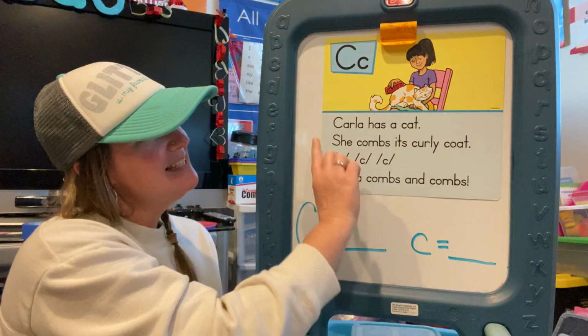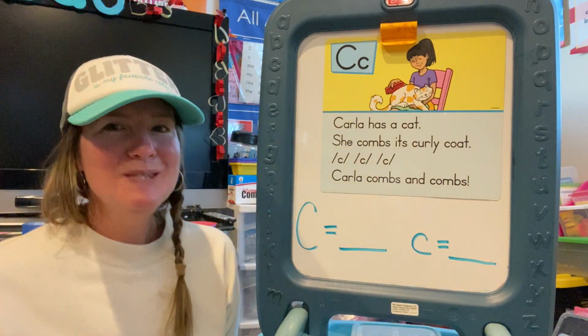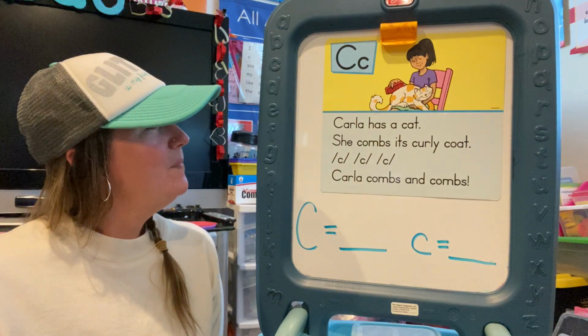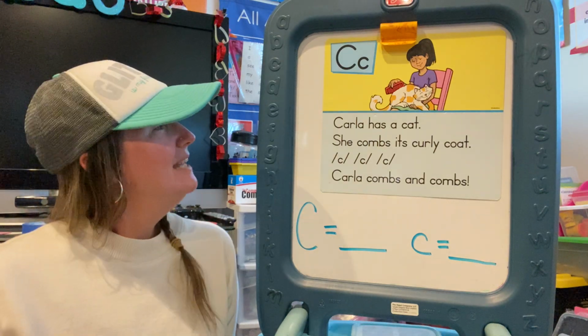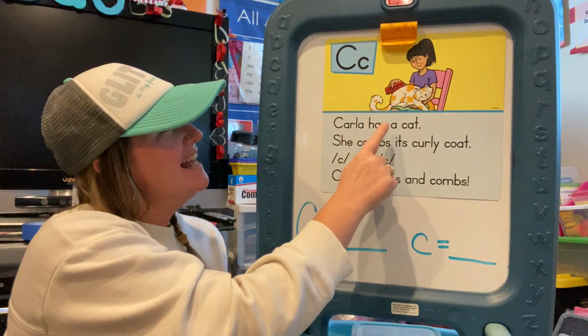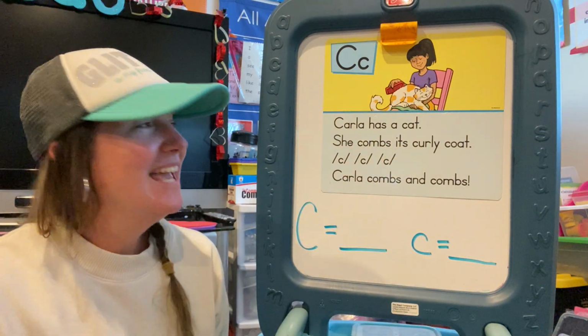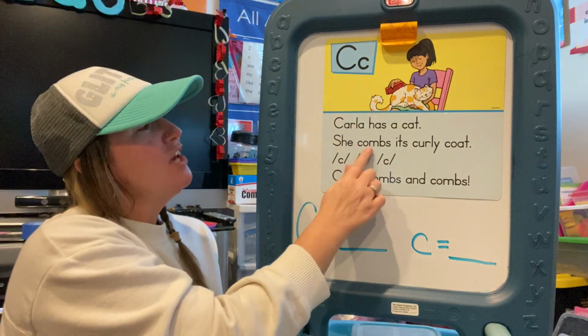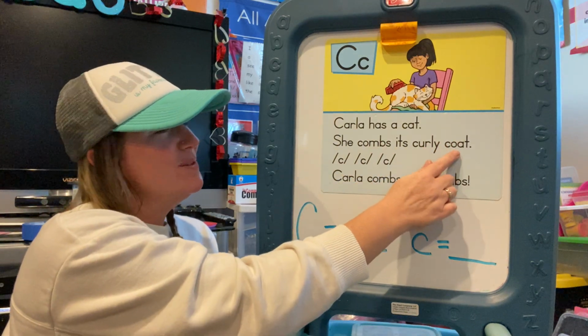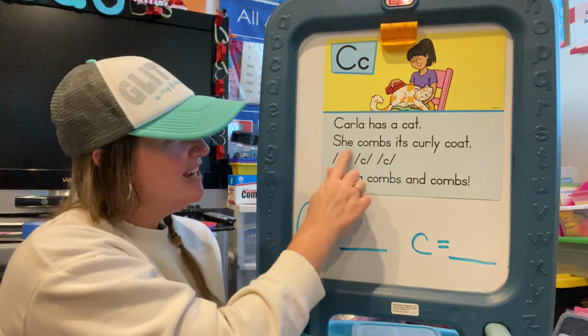All right, now it's your turn to repeat the poem. We're going to break it down line by line, sentence by sentence. Here we go. Repeat after me, please. Carla has a cat. Your turn. Good. She combs its curly coat. Your turn.